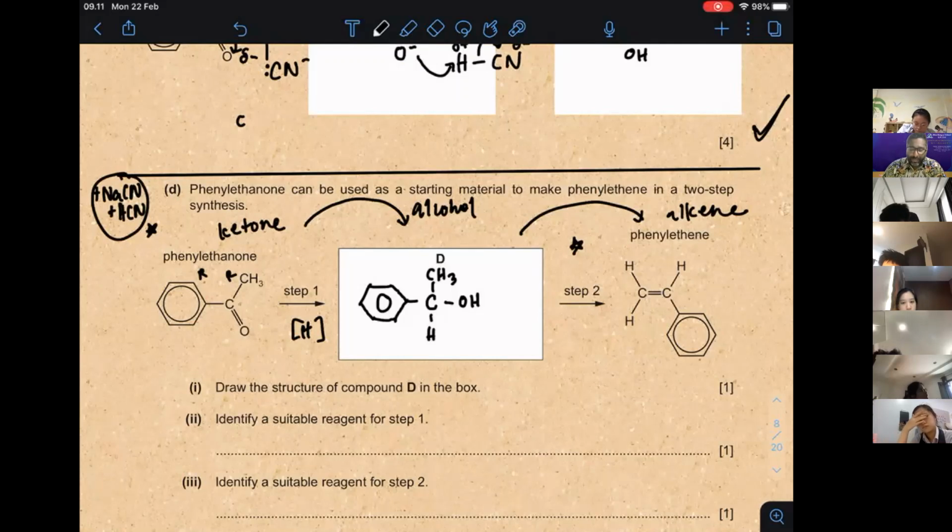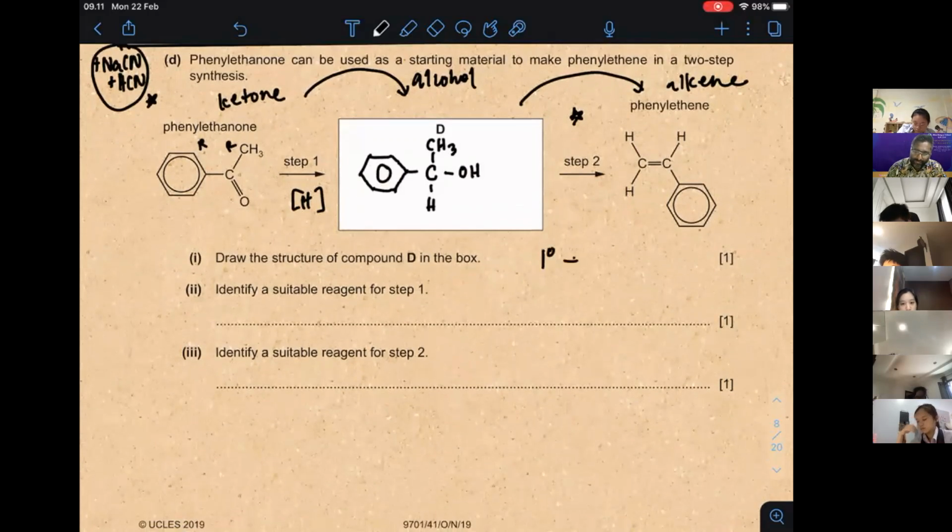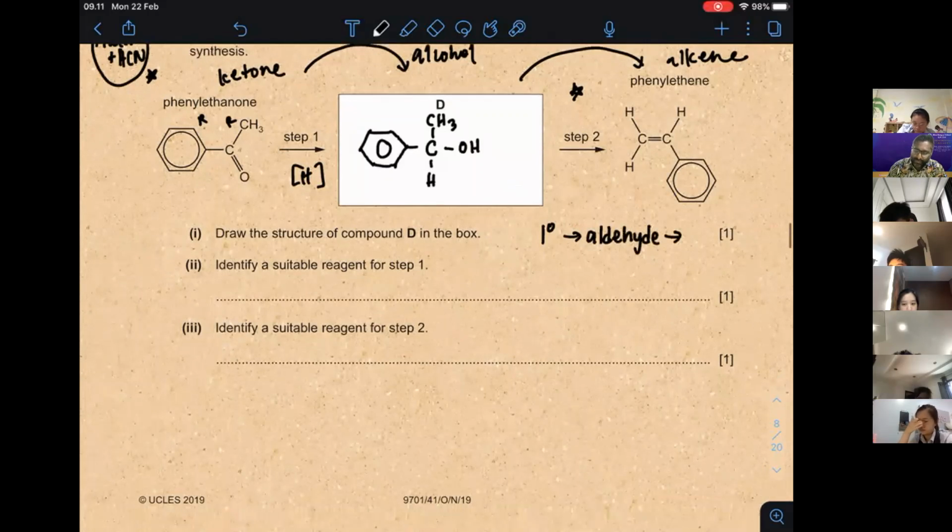When we learn about primary alcohol, it can be oxidized to become aldehyde, and aldehyde can be further oxidized to become carboxylic acid. I also learned that secondary alcohol can be oxidized to ketone, and tertiary alcohol cannot be oxidized.